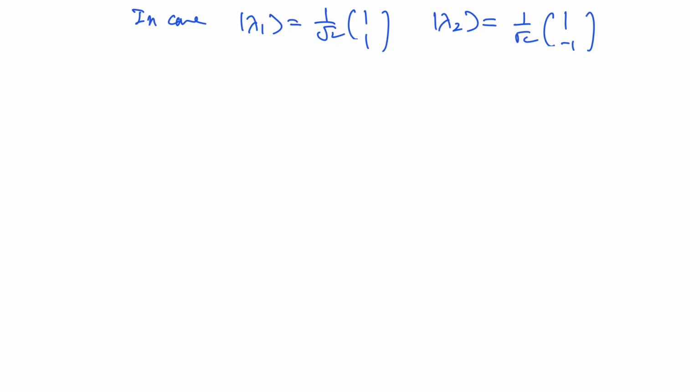What about in case lambda 1 was square root of 2, 1, 1, lambda 2 was square root of 1 minus 1, with lambda 1 is plus 1, lambda 2 is minus 1.